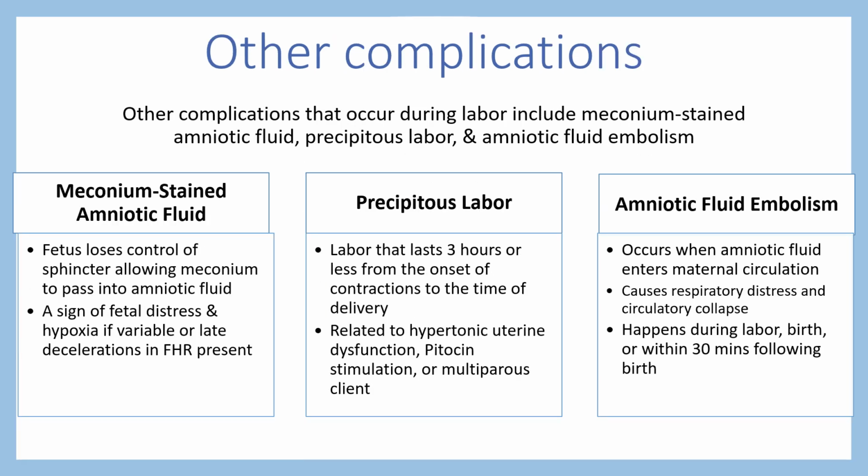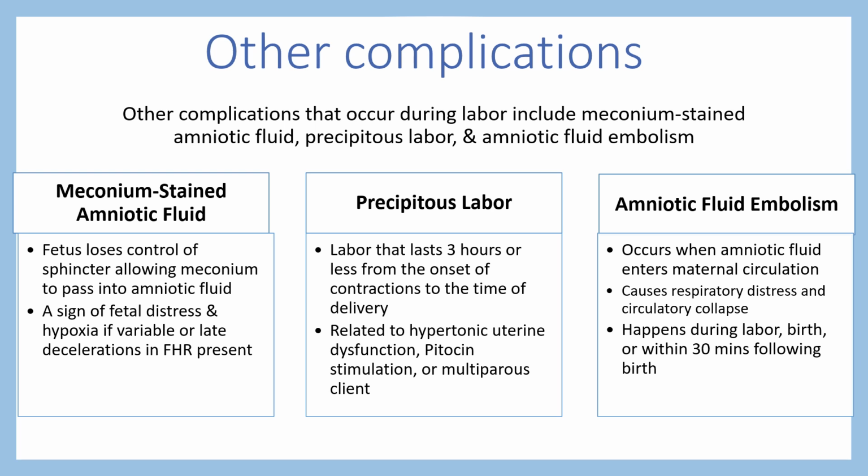Other complications that can occur during labor include meconium-stained amniotic fluid, precipitous labor, and an amniotic fluid embolism. Meconium-stained fluid happens when a fetus loses control of the anal sphincter, allowing meconium to pass into the amniotic fluid. This is normally a sign of fetal distress and fetal hypoxia when variable or late decels are present.